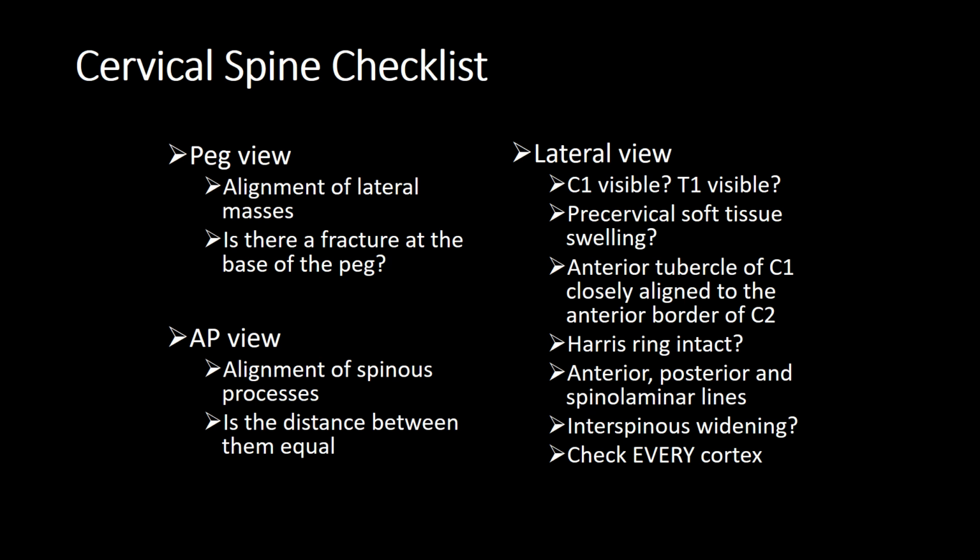Do you have prevertebral soft tissue swelling? Is the anterior tubercle of C1 closely aligned to the anterior border of C2? Is the Harris ring intact? Are the anterior, posterior and spinolaminar lines normal? Do you have interspinous widening? Check every cortex so you don't miss a fracture.